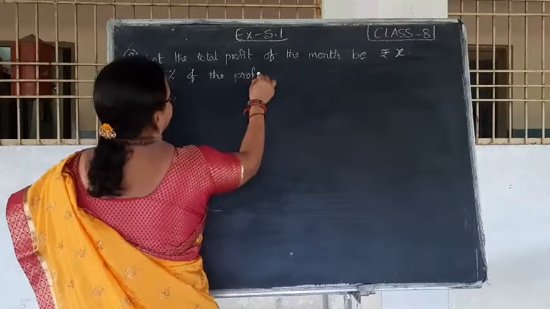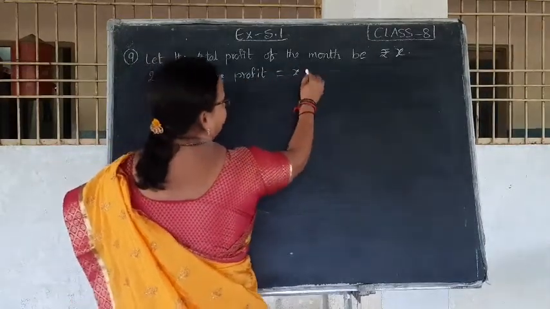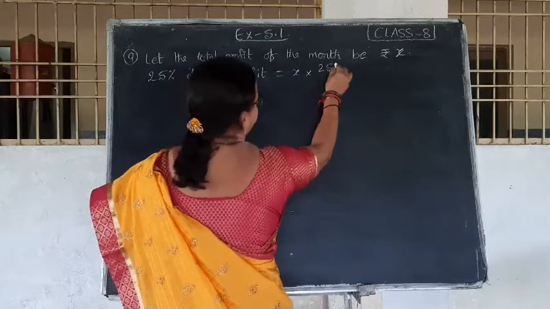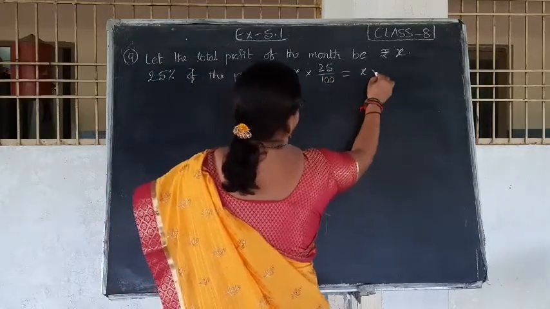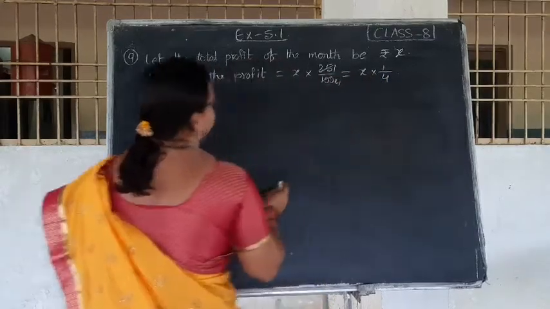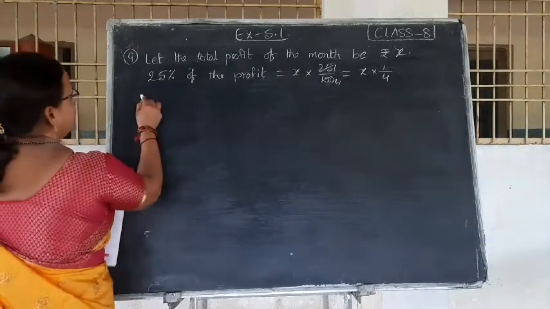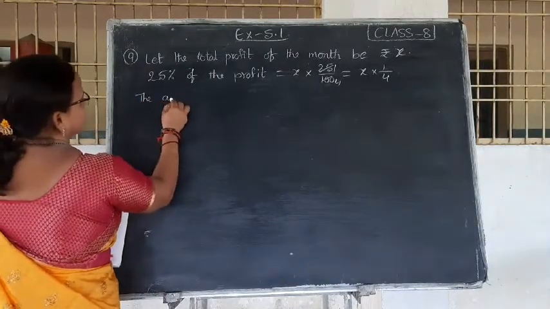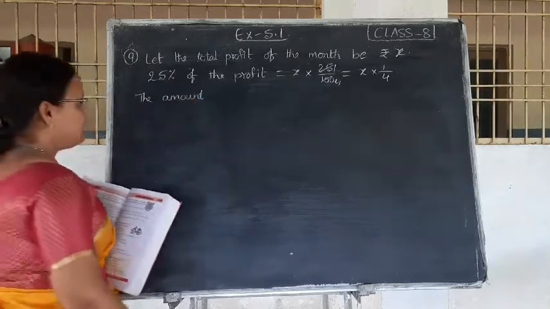25% of the profit is equal to the total amount of the profit into 25 by 100, that is X into 1 by 4. So that is the 25% of the amount. Okay, so the amount received by Rihana.